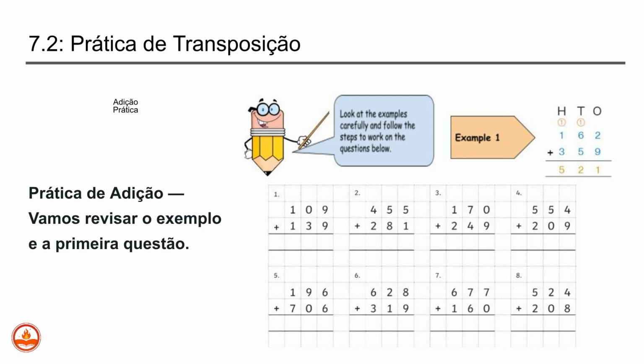You don't need to carry anything over next door because 4 is less than 10. So we just bring it down like normal. And then what's 1 plus 1? 2. Also no carrying over. So the answer is 248. Feel free to do the rest of them on your own. Let's continue.